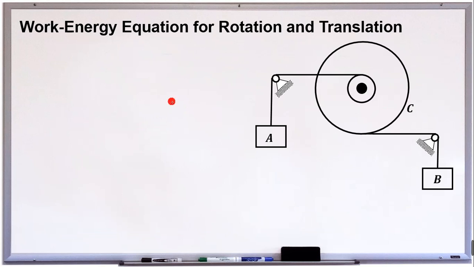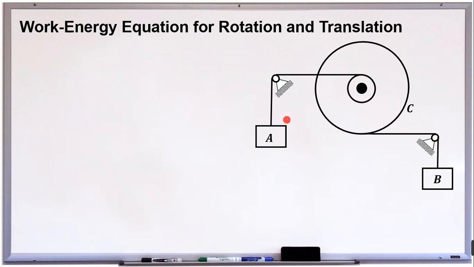Now, how about for multi-body systems in which both translational and rotational motion exist, just like this multi-body system right here. We have block A connected by a rope to our cylinder C, and at the same time we have another block B that is connected to the cylinder C via a rope.